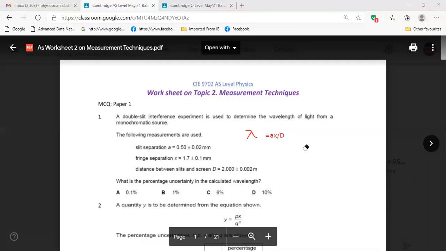It's coming 0.0988. So if you make it a percentage, it comes 9.88%, right? Which is close to 10%.